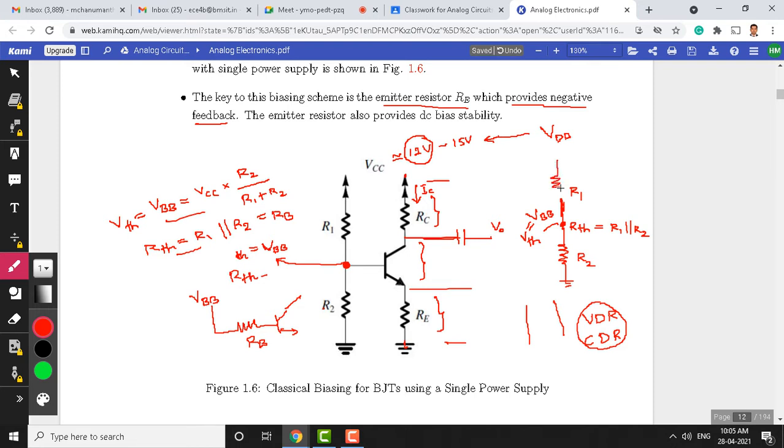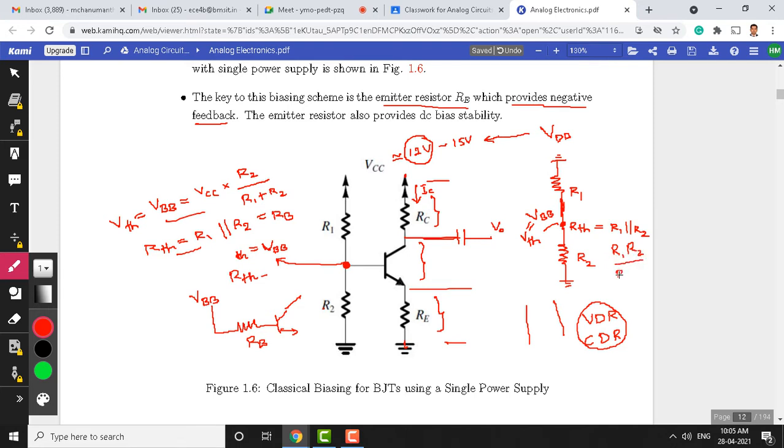Looking at this node, what is the equivalent resistance? These two become parallel resistors, right? R1 parallel with R2, which is the product R1 into R2 divided by the sum R1 plus R2.